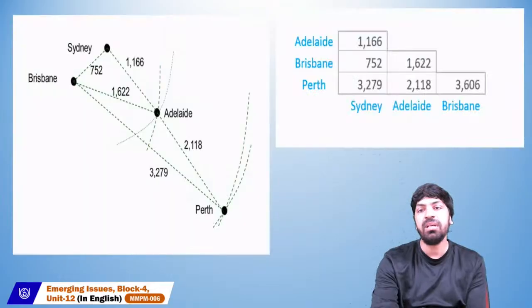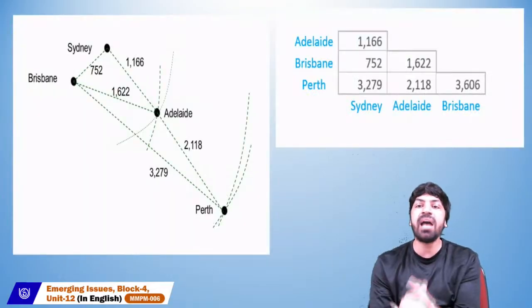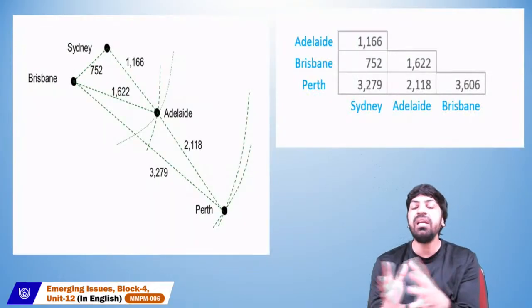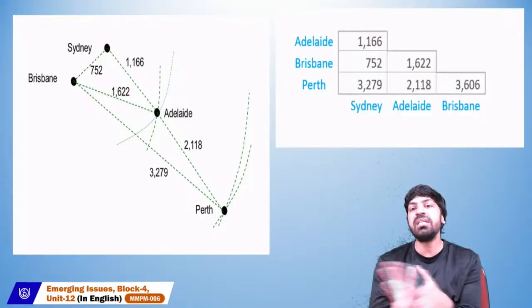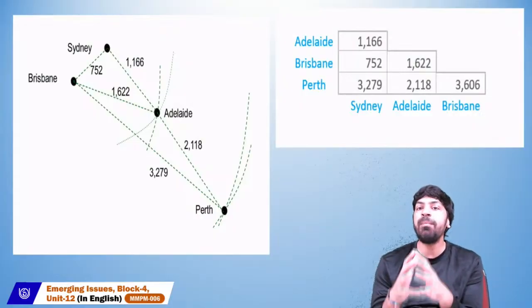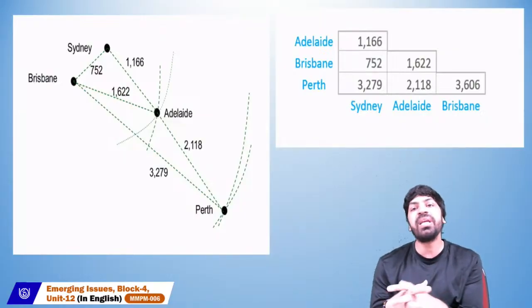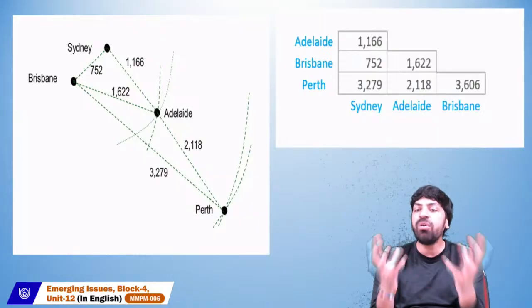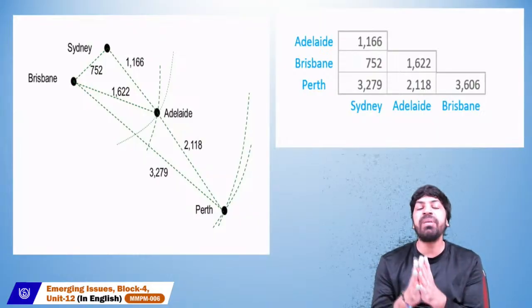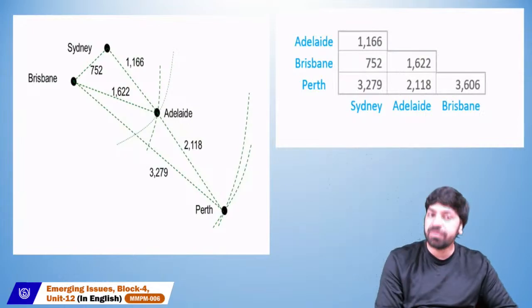So let's have a diagram. This is the data where you can see the cities: Adelaide, Brisbane, Perth, and Sydney. There are 4 Australian cities, and the particular kilometer values have been given.